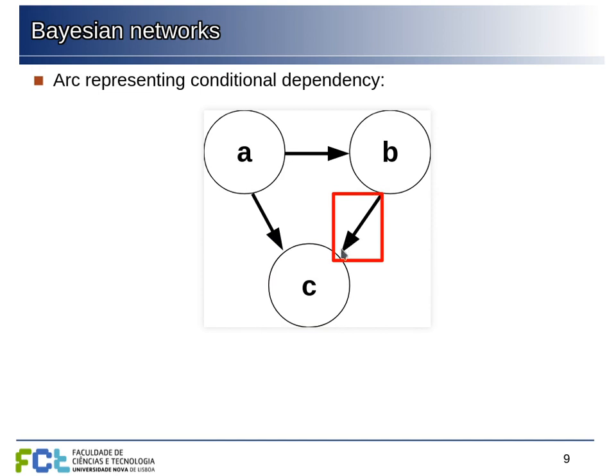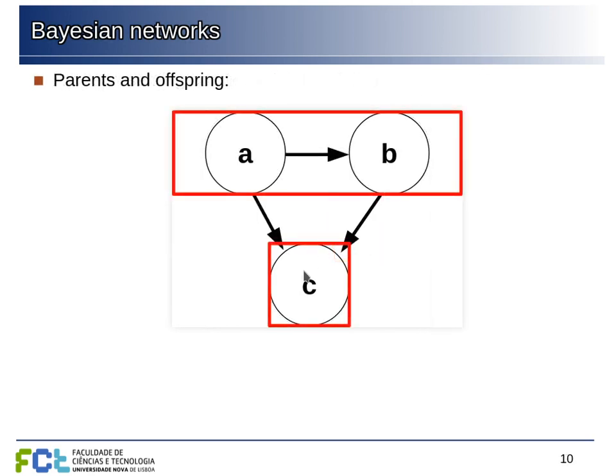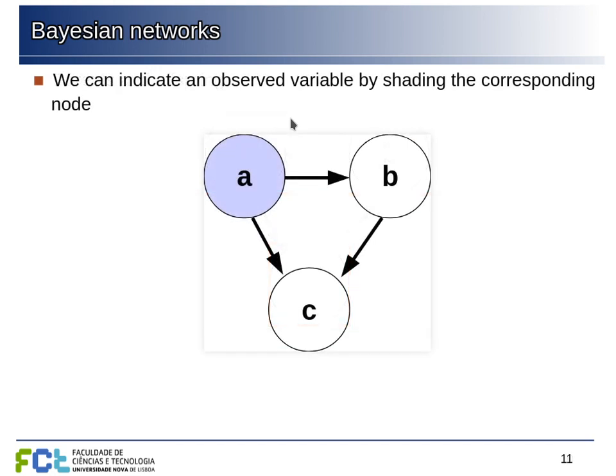So this arrow here means that C is conditionally dependent on B, but B is not dependent on C. And we can have this notion of parents and offspring. So the offspring are the variables that are dependent on the parents. You see here A and B both influence C. C is dependent on A and B. So these we can imagine as being the parents of C in this graph.